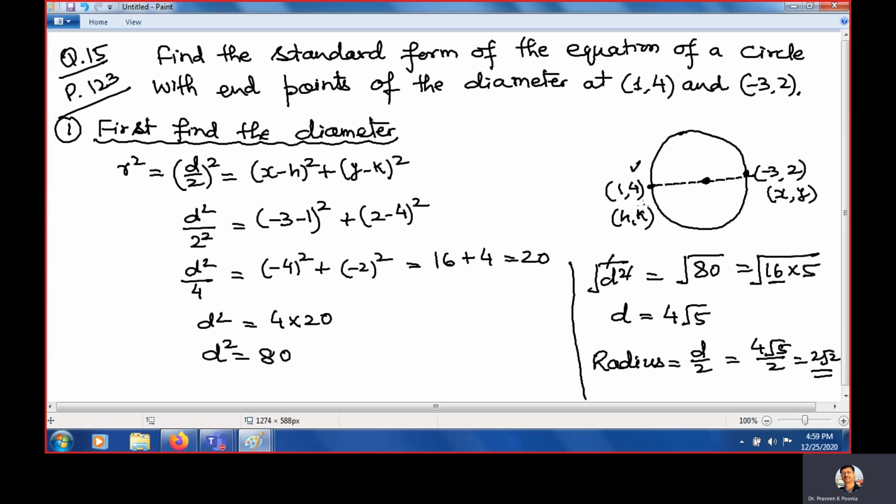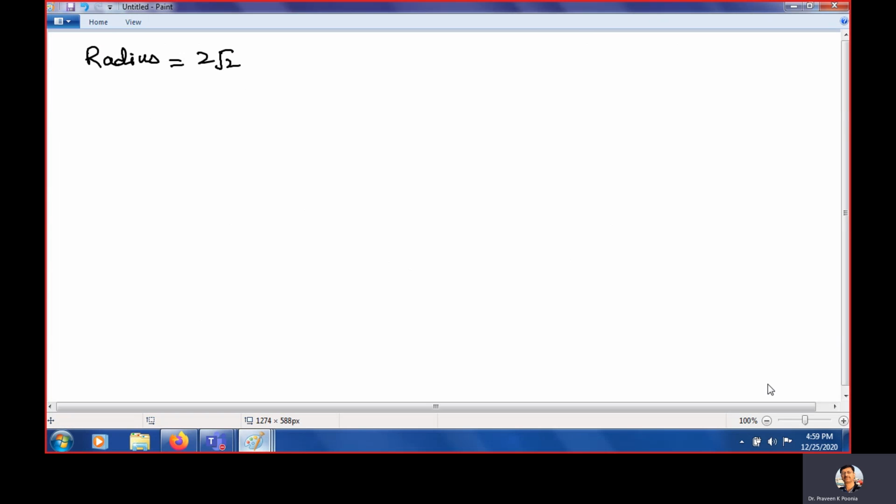We have the coordinates here. So how to find the coordinate value of h, k? If you look, the coordinates of one point are given: 1, 4. And the other point is given: minus 3, 2. These are given, this is the line. But we need the coordinate of center point h, k.